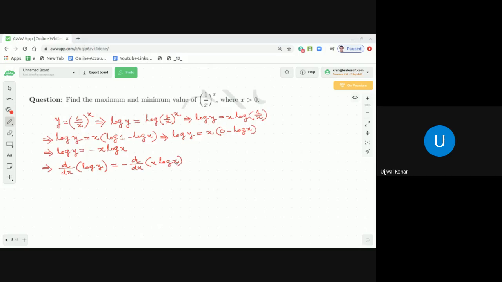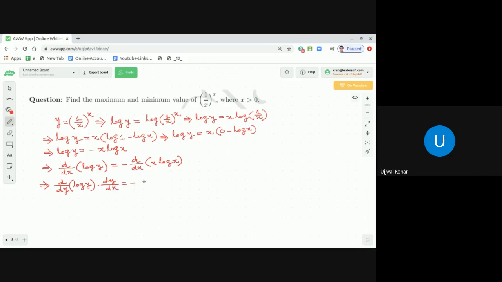Correct? For the left hand side differentiation, we need to apply the chain rule. That means it should be d dy of log y. Why so? Because log y is a function of y, so first we differentiate with respect to y, then dy dx.